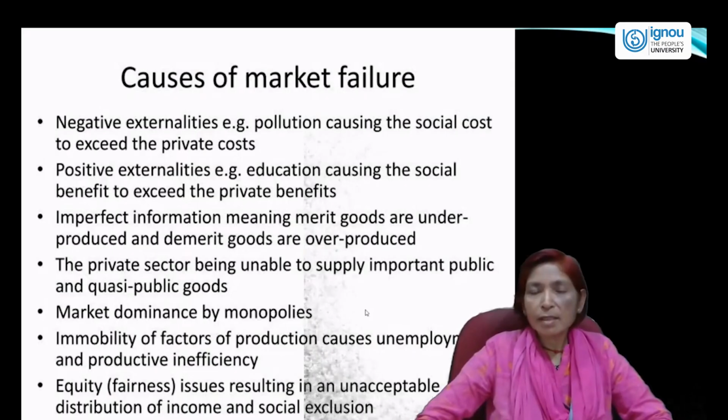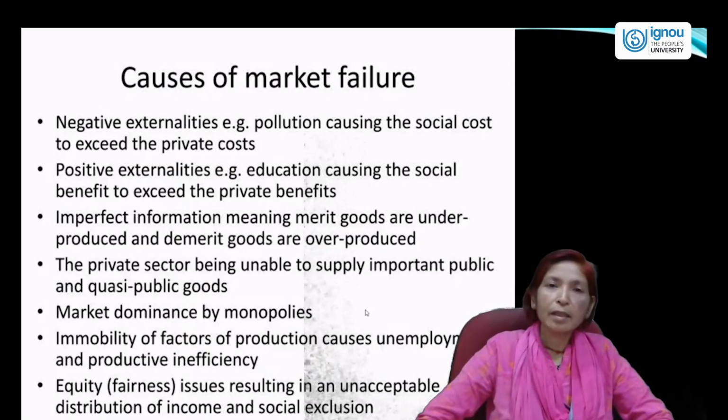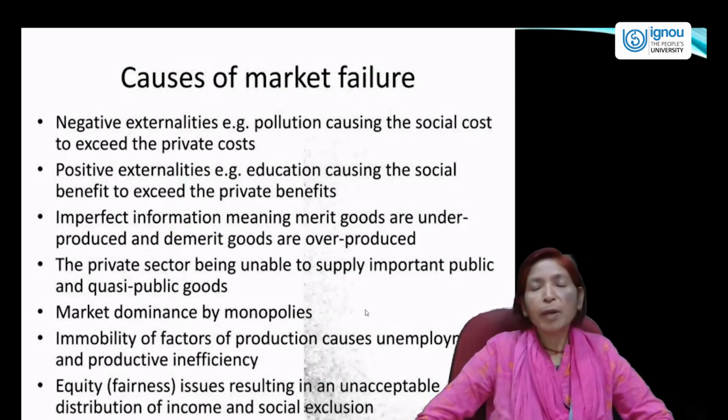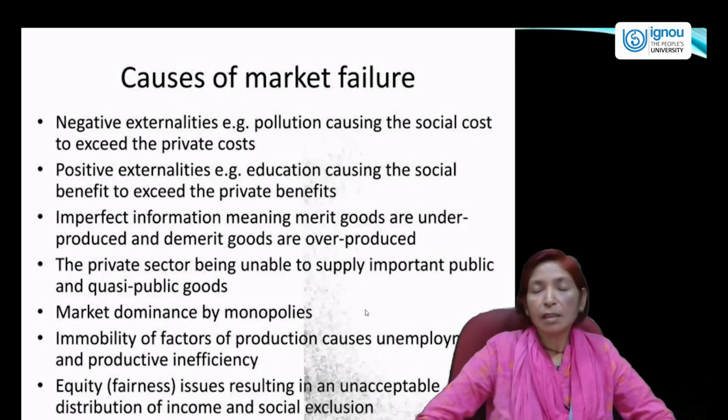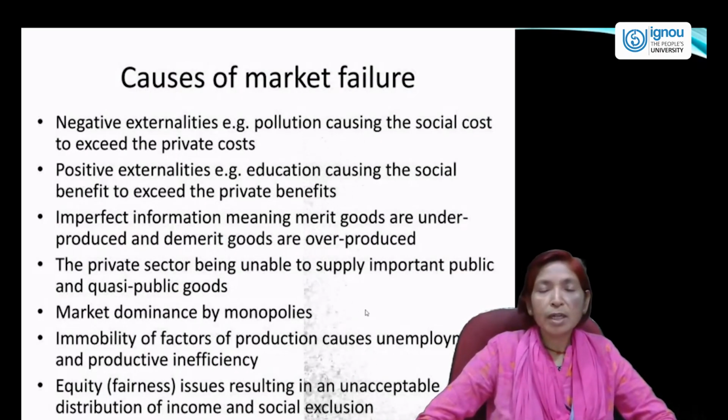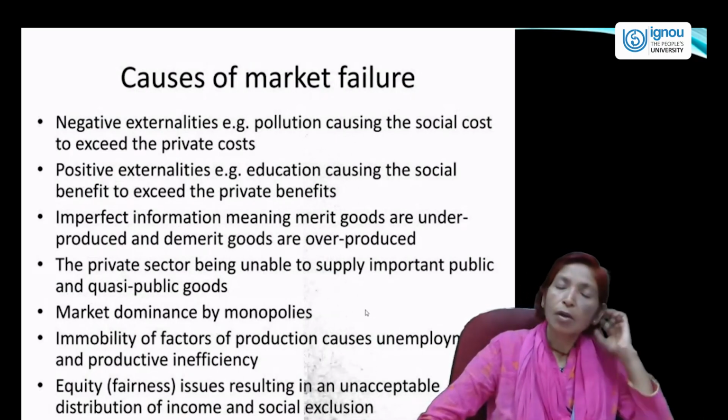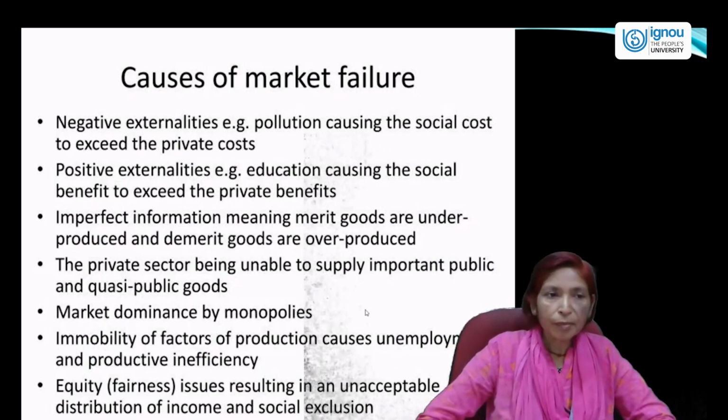Next is positive externality, for example, education. Education causes the social benefit to exceed the private benefit. We know that education is a merit good and pollution is a demerit good. Pollution is bad for everyone, but education is good for all.